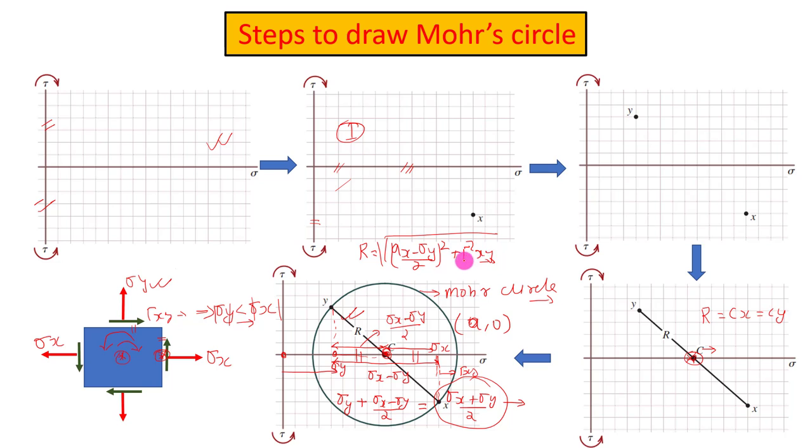So no mathematics will be required if we are directly playing with the Mohr circle. If you are starting with strength of materials or mechanics of materials, it's a very good practice to start with the Mohr circle, because in those cases you don't have to remember any formula. You can directly use the Mohr circle to derive any values, and we are going to look at those things in our upcoming slides. So don't worry about those things.